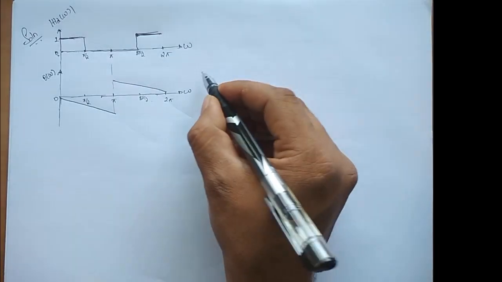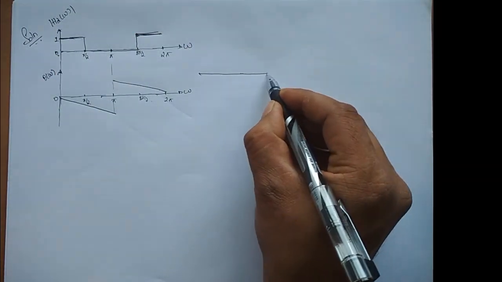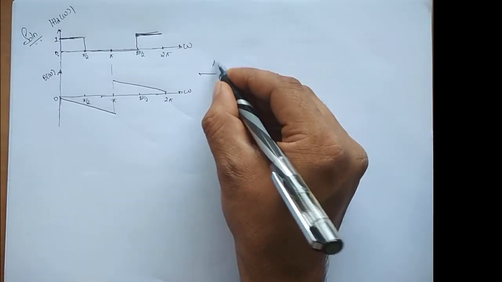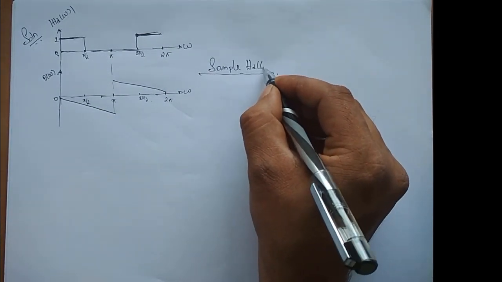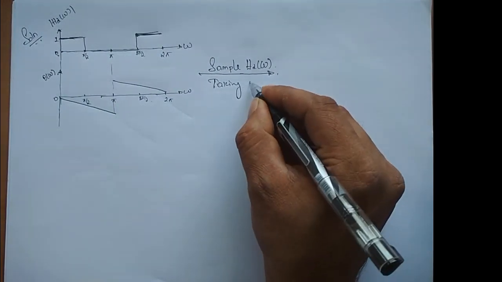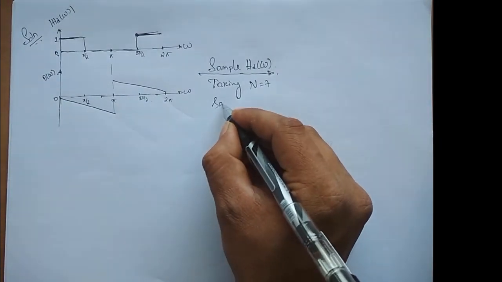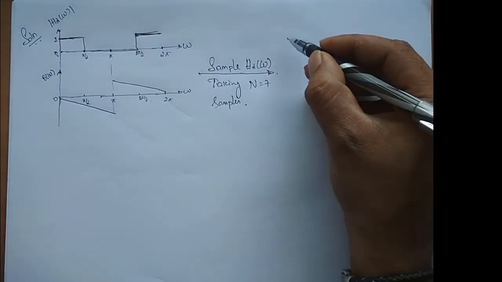Fine. Now what is this? This is the desired frequency response. What is the next step we need to do here? We need to take the samples, right? We need to sample HD of omega. Taking how many samples? N is equal to 7 samples.